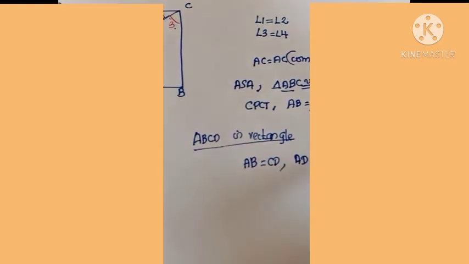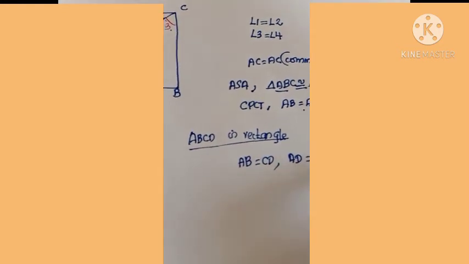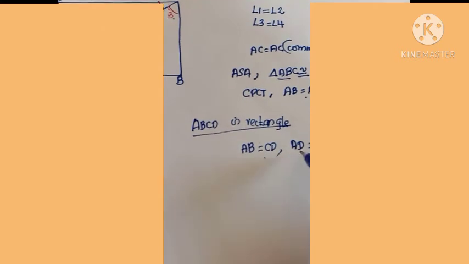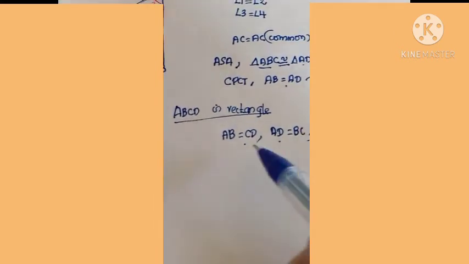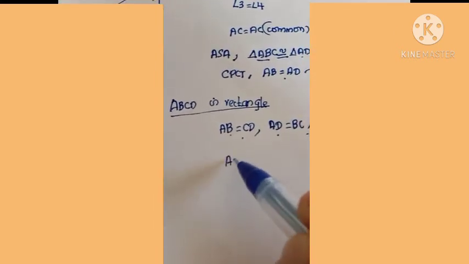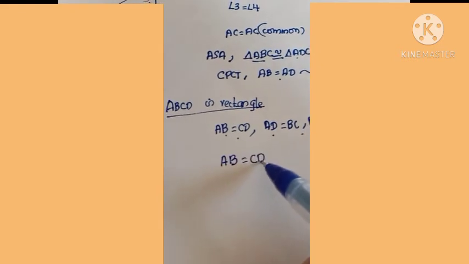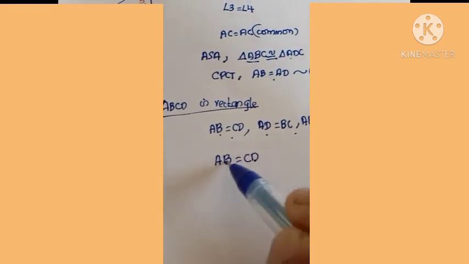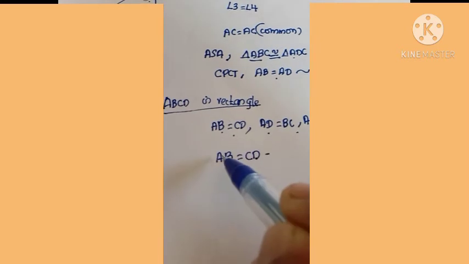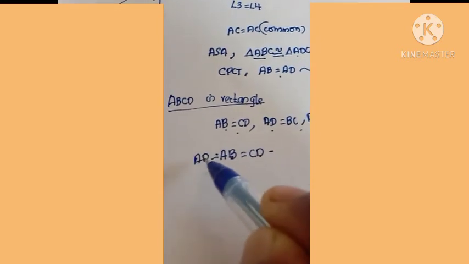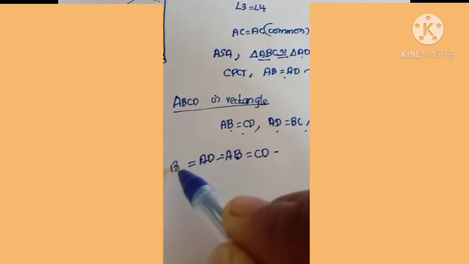Now we proved AB equal to AD. So combine all these three results. Let's start with AB. AB equal to CD, this AB is equal to DA or AD, and AD is equal to BC.